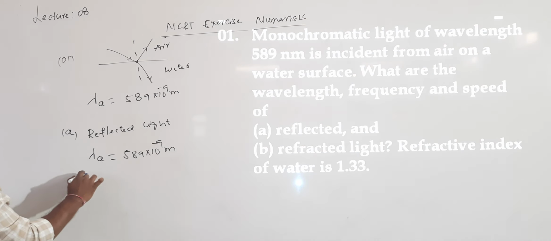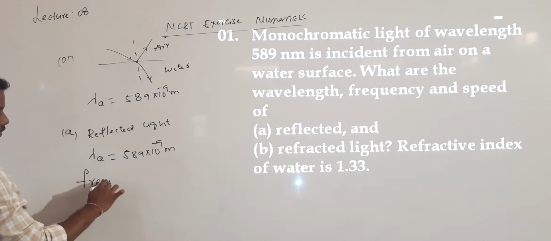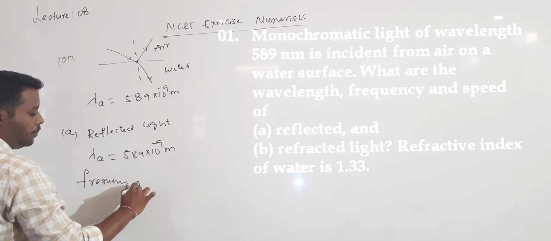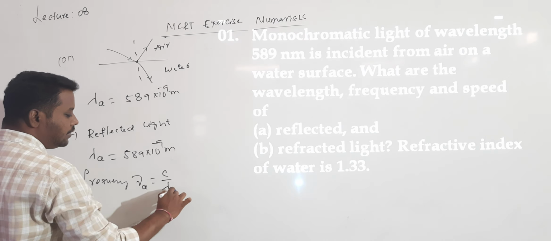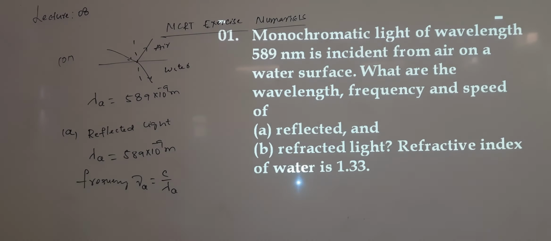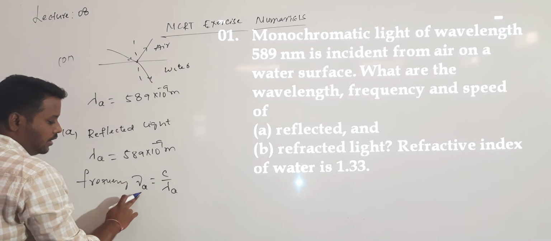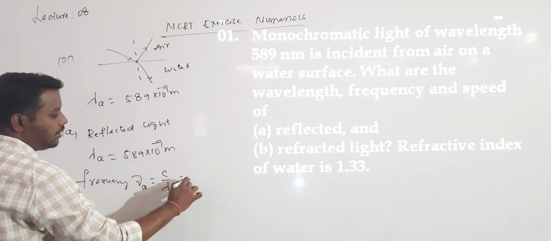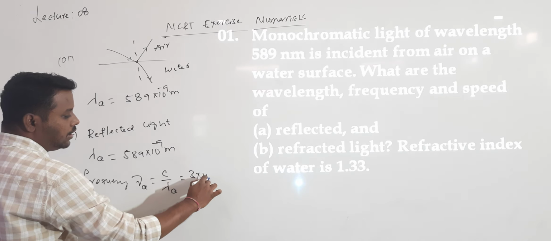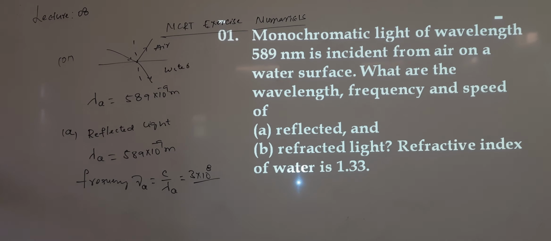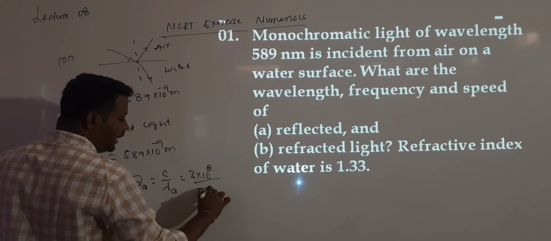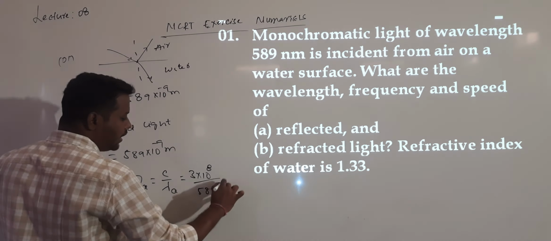If I want to calculate the frequency in air, the relation is C is equal to nu into lambda, so frequency nu is equal to C by lambda A. What is the C value? 3 into 10 power 8, divided by lambda A, which is 589 into 10 power minus 9.